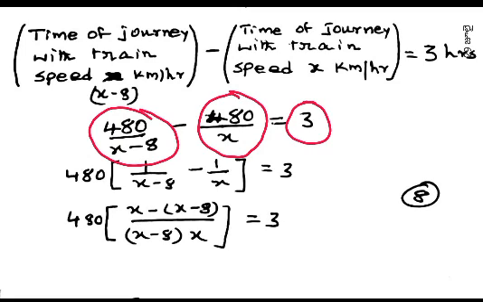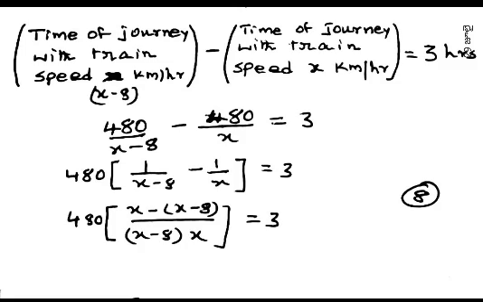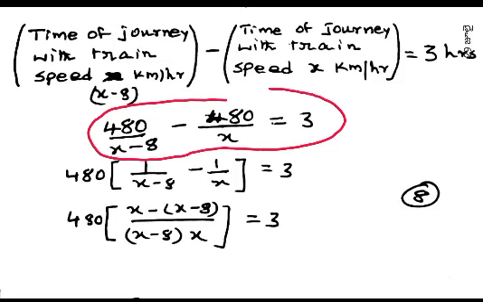The difference is 3 hours. So now we have to simplify this equation: 480 by x minus 8 minus 480 by x equal to 3.